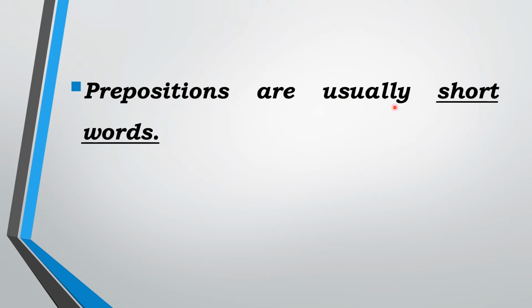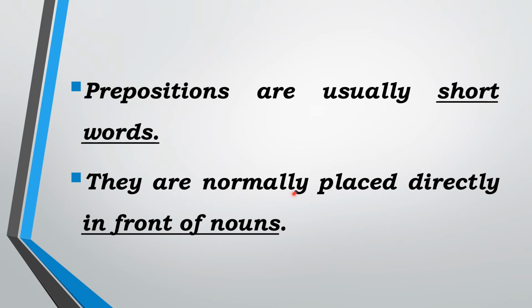Prepositions are usually short words. They are normally placed directly in front of nouns. And from the above given examples, we also learned that prepositions will give you the positions of the nouns.